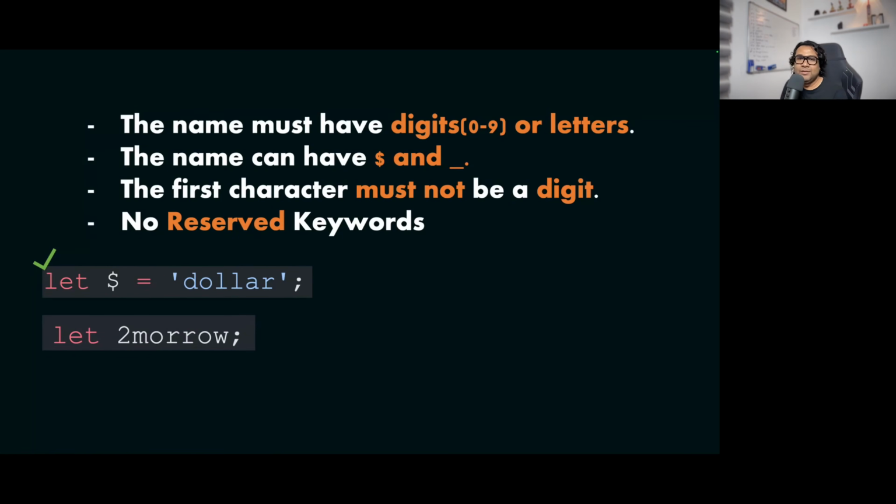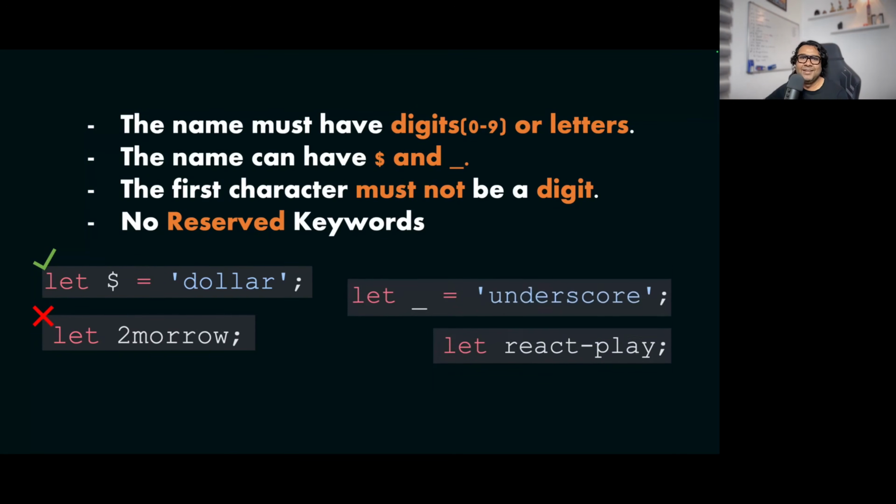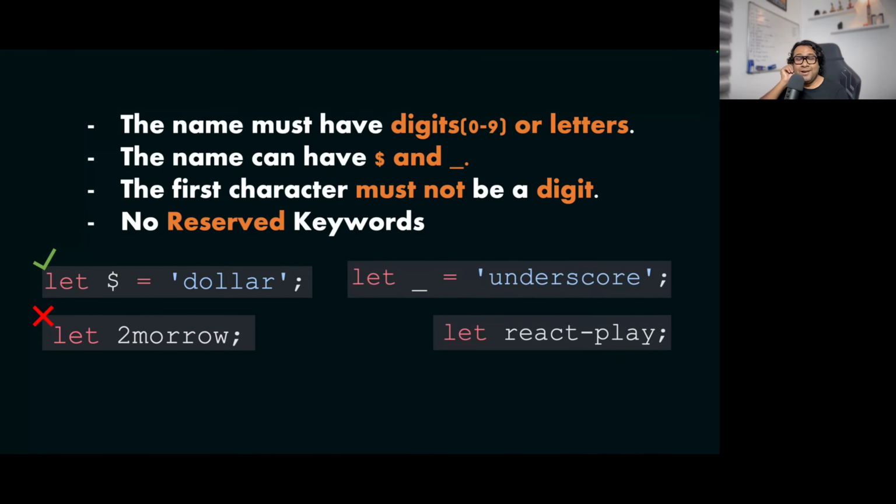How about let 2 tomorrow? Here we are starting with the number 2. Is it a valid variable name, guys? What do you think? No, it is not, because it is starting with the number 2, and we said the first character must not be a digit. How about this? Let underscore equals underscore, and let react hyphen play. What do you think?